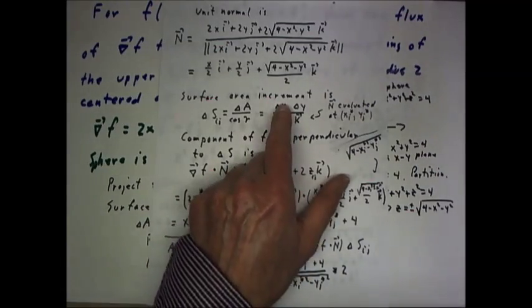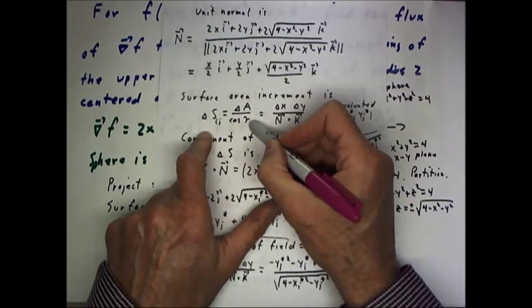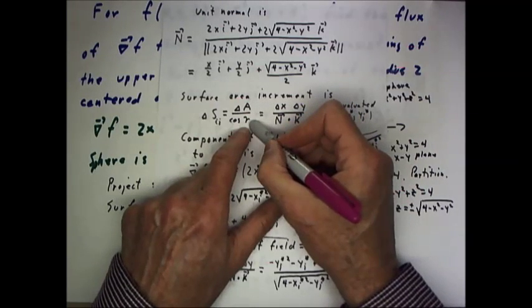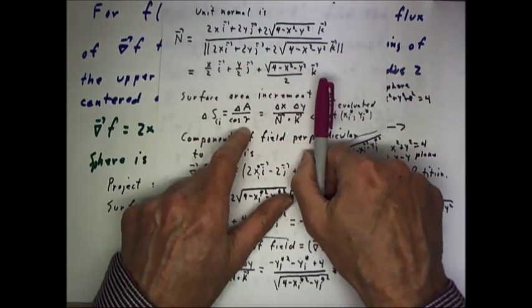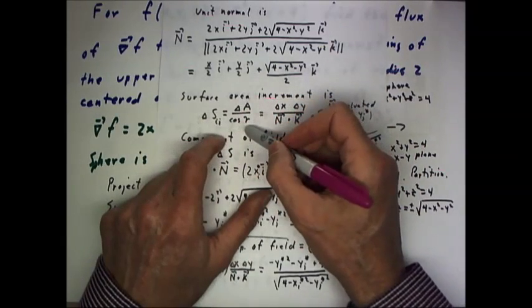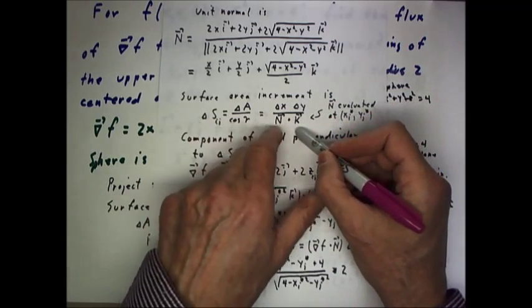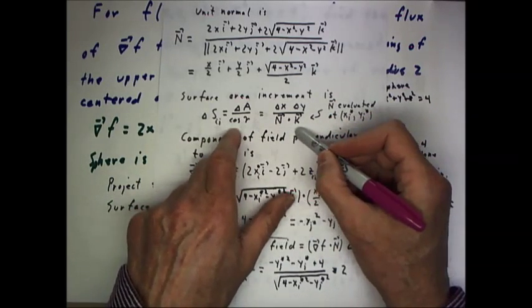Our surface area increment is delta Sij, which is delta A over cosine gamma, gamma being the angle between the normal and the k vector. This goes back to what we did with basic surface area integrals, and what we have here is exactly the same as what we had there.